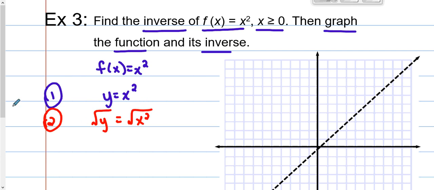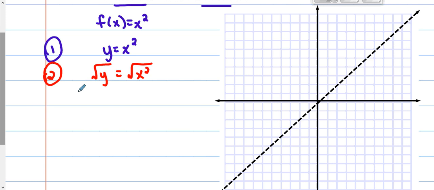Now then, when you have this and you take the square root, the square and the square root cancel on the right side, and you have x equals. When you take the square root of that left side, you have a plus or minus. So now I've got plus or minus the square root of y.